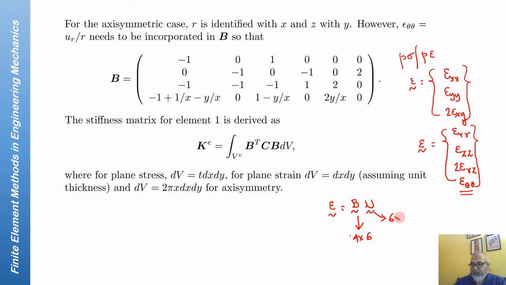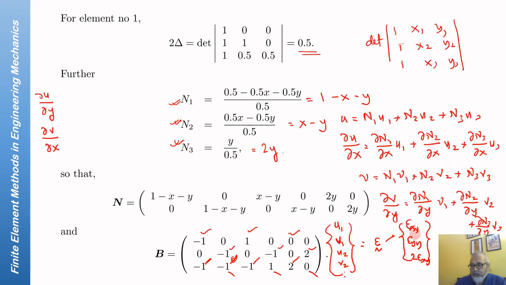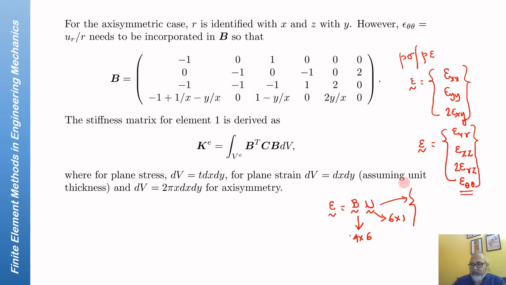This is still 6 cross 1, and in the axisymmetric case it would contain the nodal displacements UR1, UZ1, UR2, UZ2, and UR3, UZ3. So these will be the nodal displacements that would be contained in U.